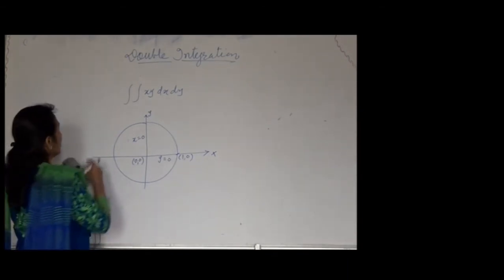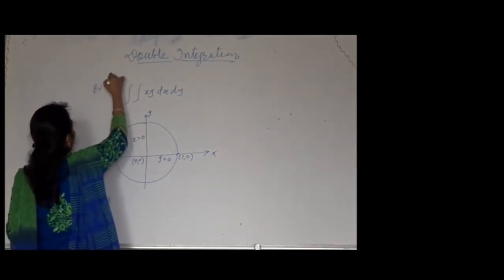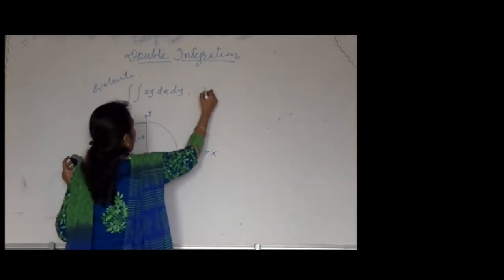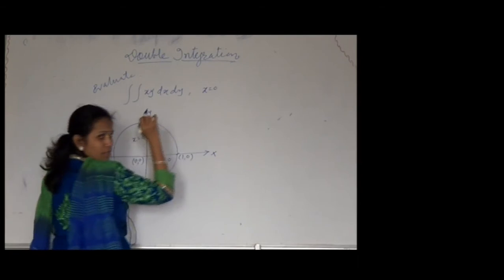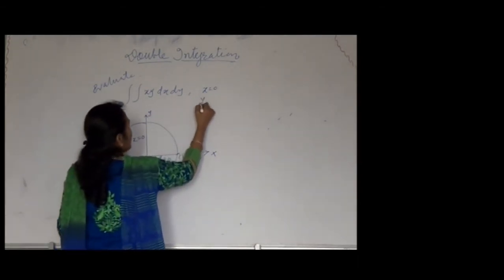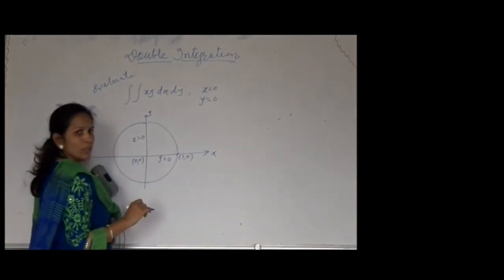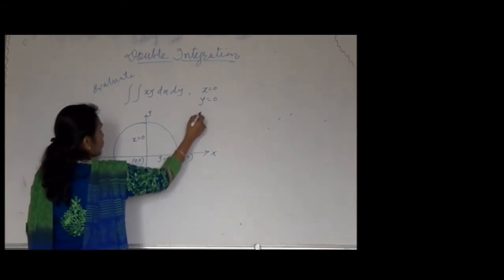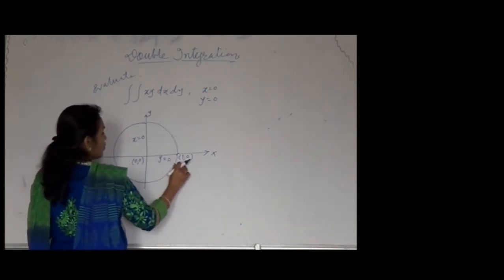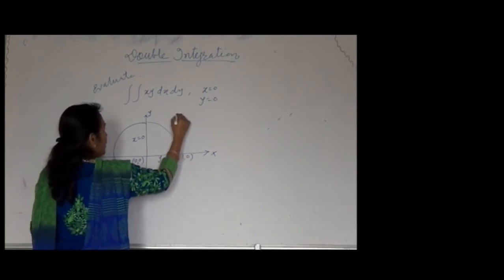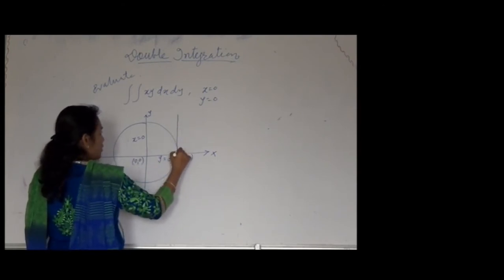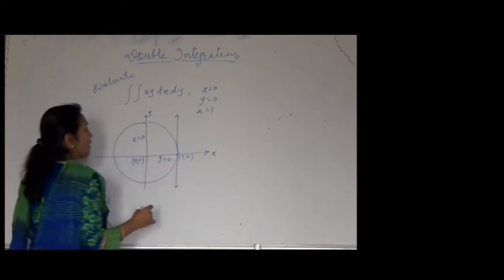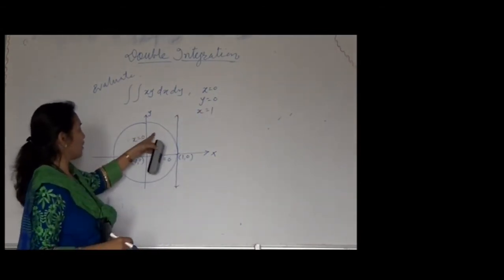The question is to evaluate this double integral over the region where the first curve is x equals 0, the second curve is y equals 0, and then the line x equals 1; the equation of the curve is not given.